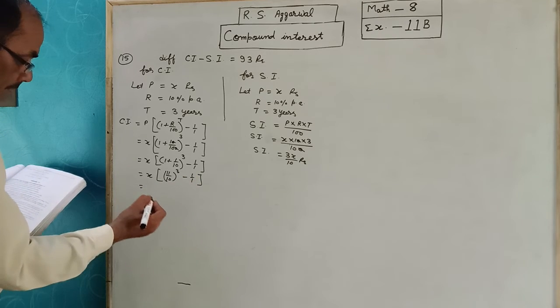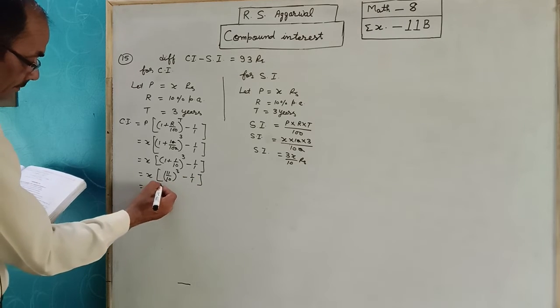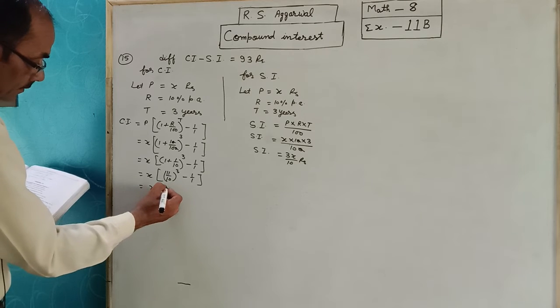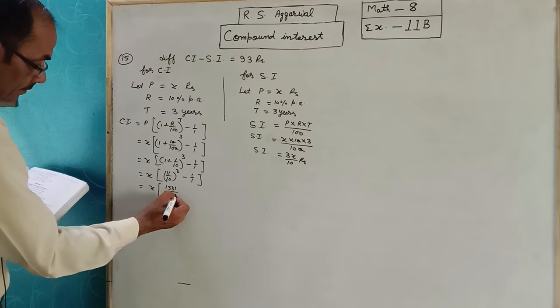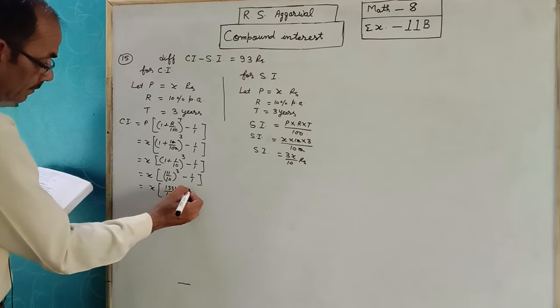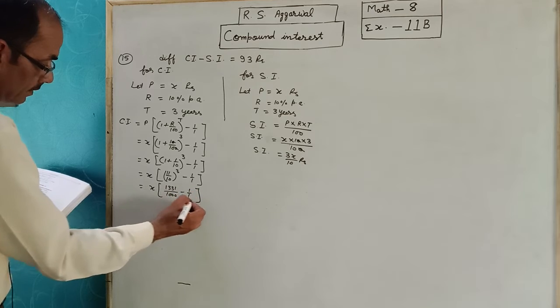Now remove the power. Power is 1,331 upon 1000 minus 1 upon 1.